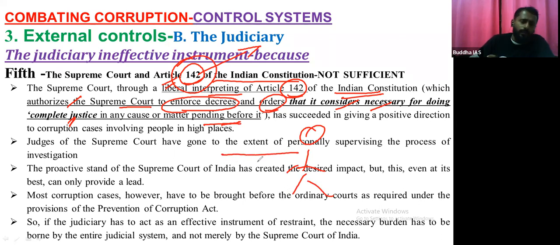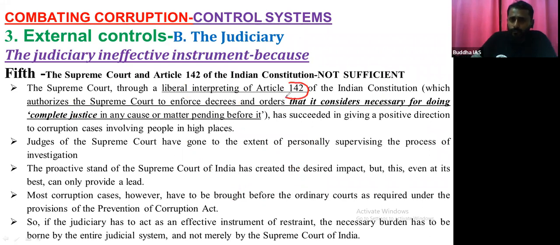According to law or according to procedure, if this method is not effective, the Supreme Court can say that you please adopt another way. You just add another thing so that this will be effective. Right? Let me simplify the thing.